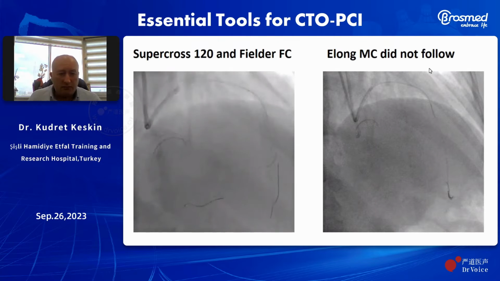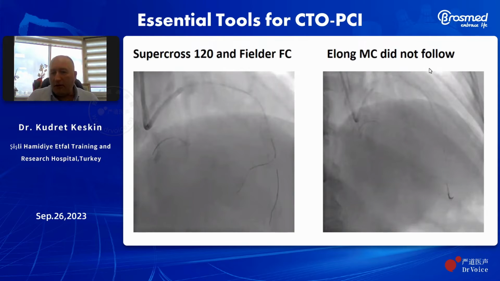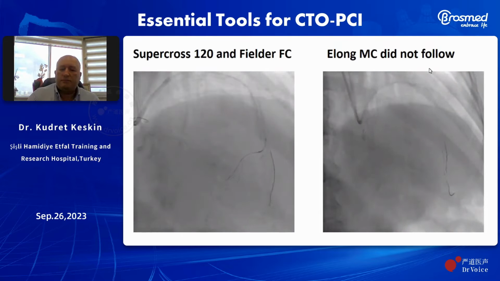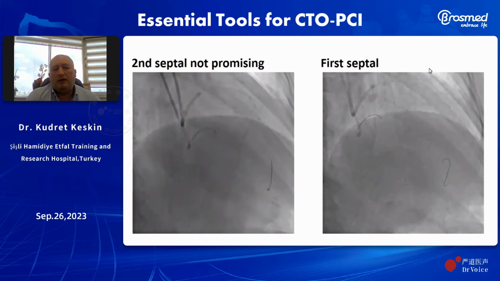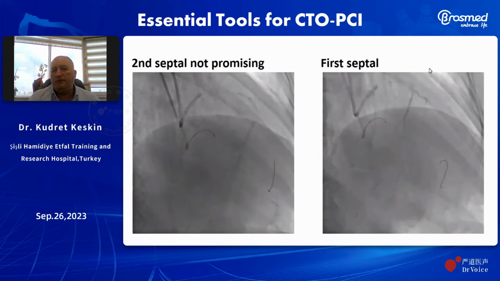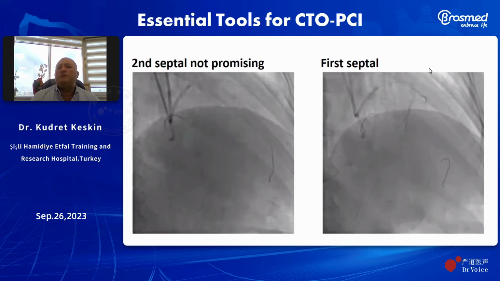Although we managed to deliver the wire, it was very angulated, and the microcatheter did not follow, and we lost wire position. So we gave up that septal, and we went to the second septal. We had a tip injection, but as you can see, it was not really promising. So we went even back to the first septal, and we made a tip injection.